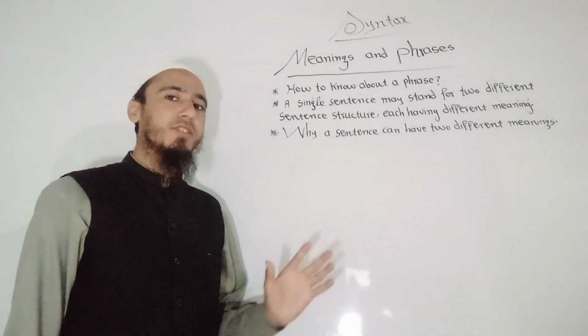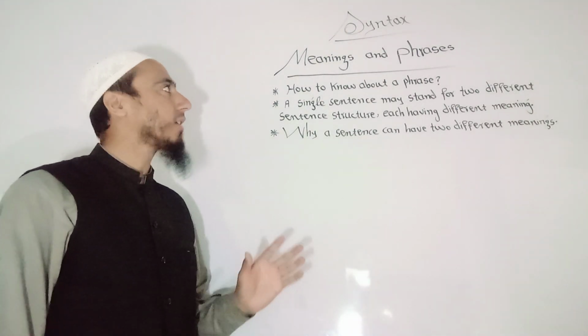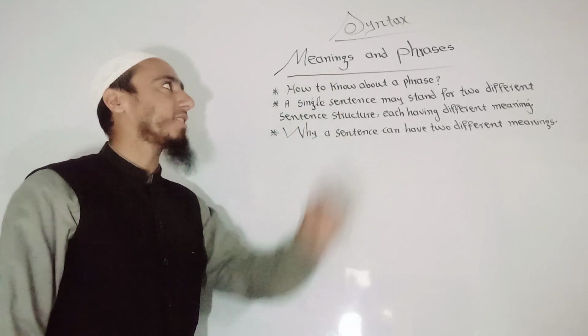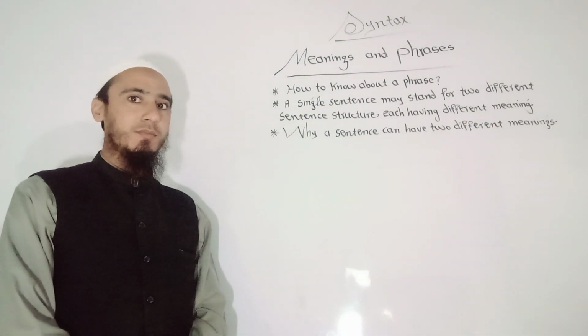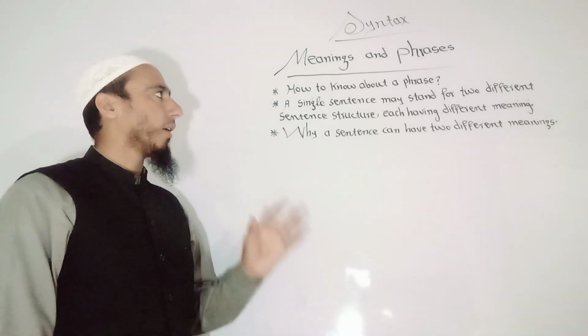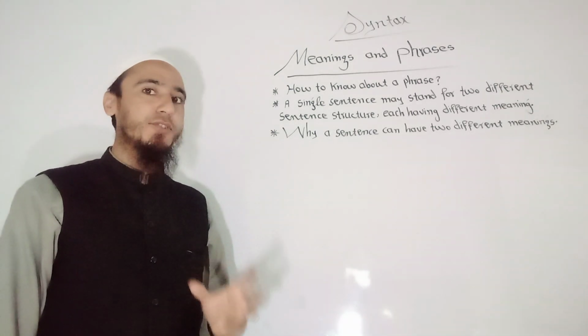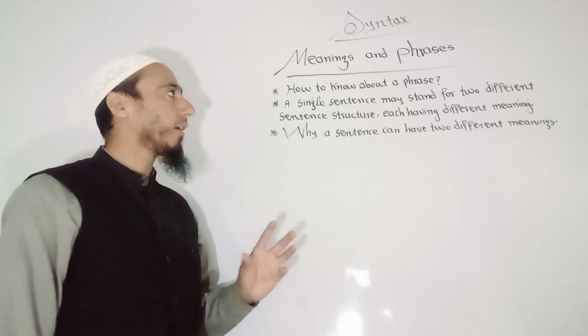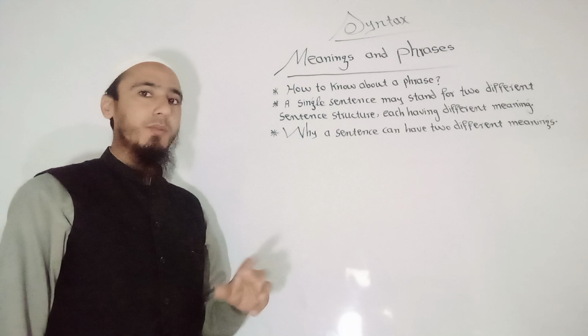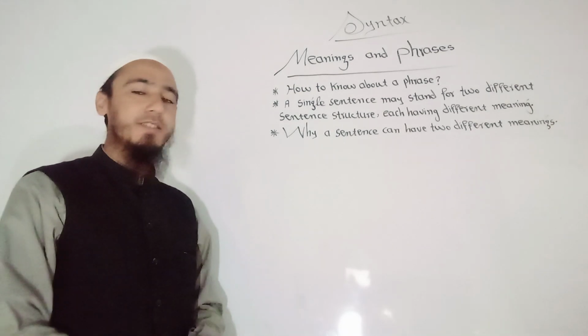Today, as yesterday we defined syntax, we are talking about meanings and phrases in syntax. Previously, whenever we were teaching students about traditional grammar, we used and defined phrases in this way.